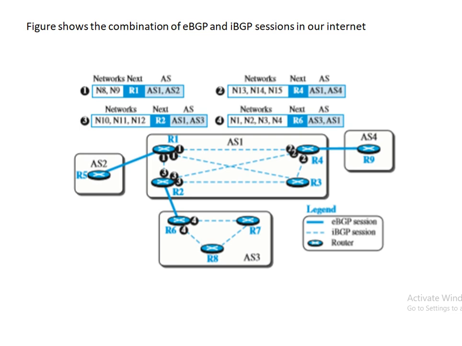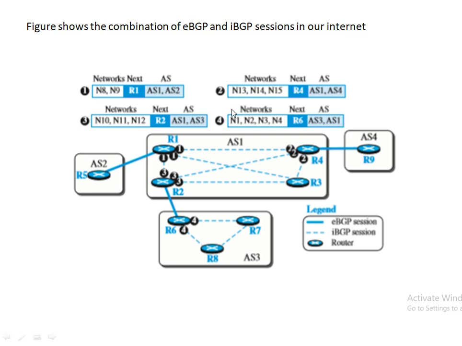Now let us understand what is happening here. With the intra-domain routing protocol, 4 messages are to be exchanged. The first message is sent by R1, announcing that network N8 and network N9 are reachable through the path AS1 and AS2.